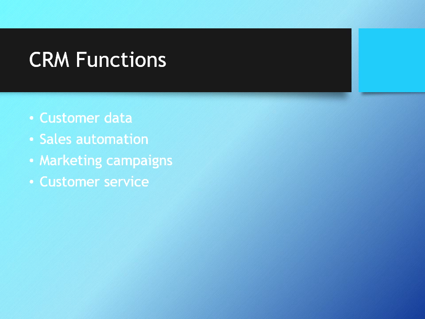For example, a bank can use customer relationship management to track customer transactions, to offer personalized loans, or to improve service quality. The benefits of this would be improved customer satisfaction, increased sales, and better customer retention.